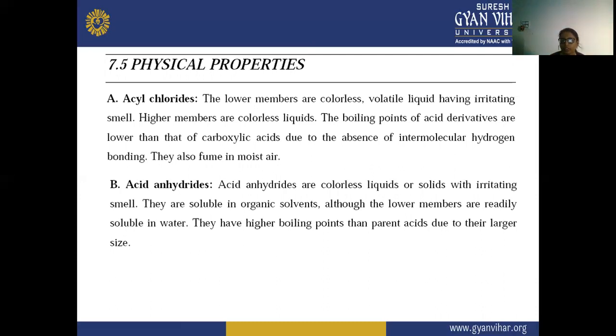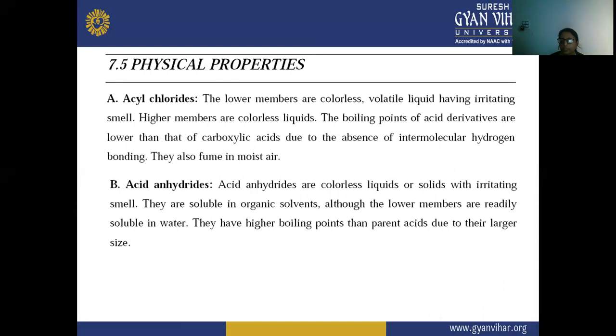So in case of acyl chloride, these are the physical properties of the carboxylic acid derivatives. In the acyl chloride, the lower members are colorless, volatile liquids having an irritating smell.